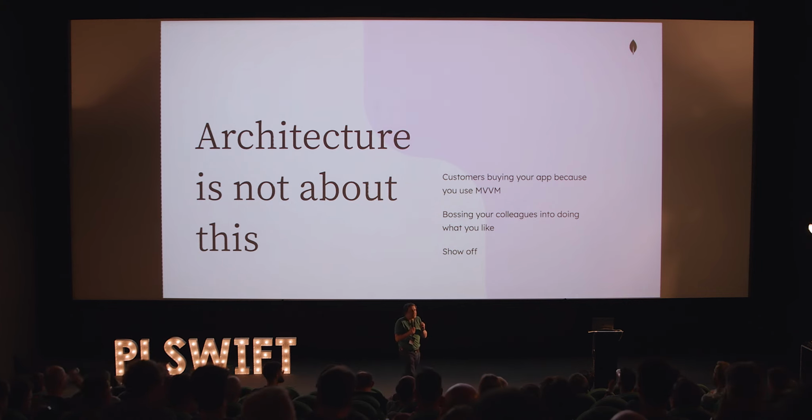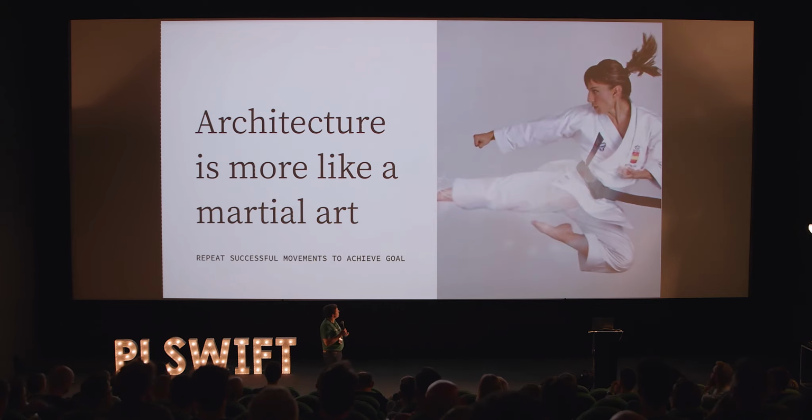This is about how to do practical things in a way that is repeatable. And what we want to do here is to find patterns that are successful, that help us write good code that is testable, that is reusable, and use them again and again and again as much as possible.